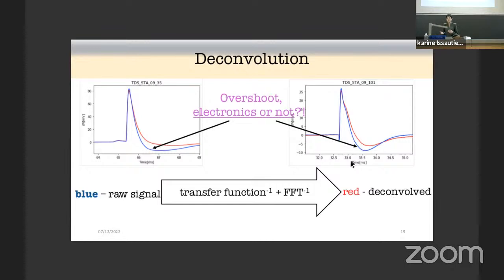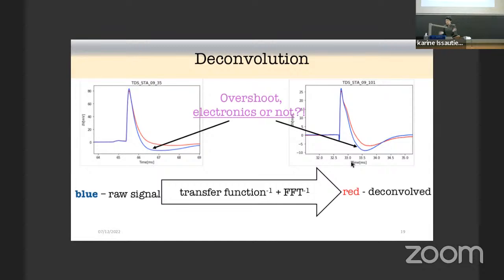So we used the inverse transfer function that was obtained by the engineers from LESIA, and we multiplied the raw signal with this transfer function. We then applied the FFT, again, inverse FFT. And what we obtained is the deconvolved signal. So we consider that we deconvolved the signal from this electronics effect.